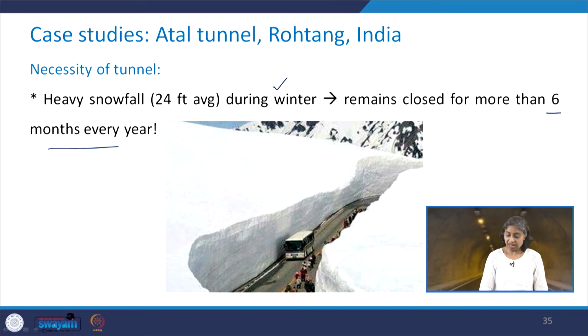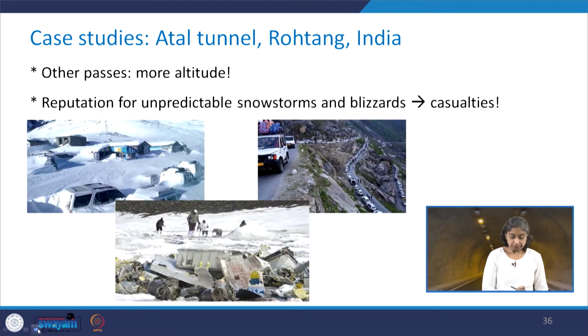So you can take a look, this is a picture from the Rohtang Pass. Other passes, as I mentioned, have more altitude, but the reputation for unpredictable snowstorms and blizzards causing a lot of casualties is associated with Rohtang Pass.